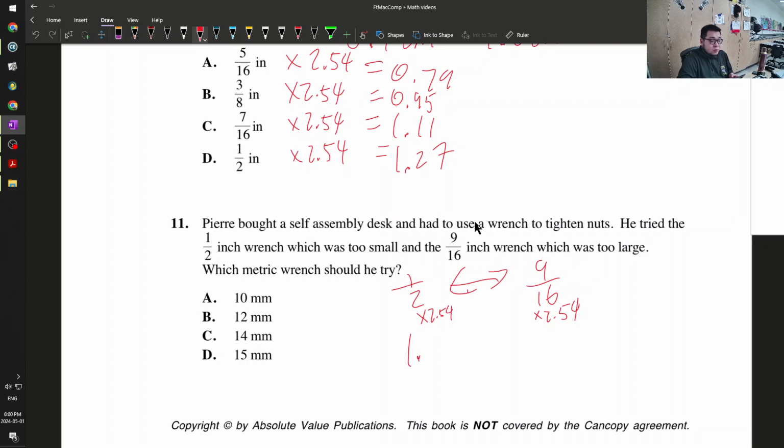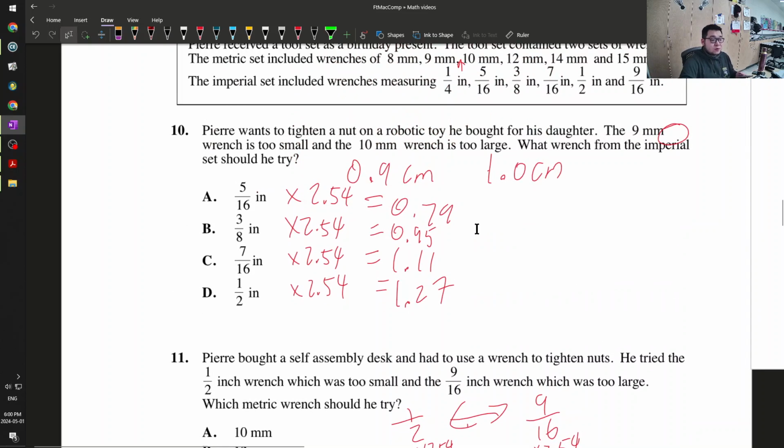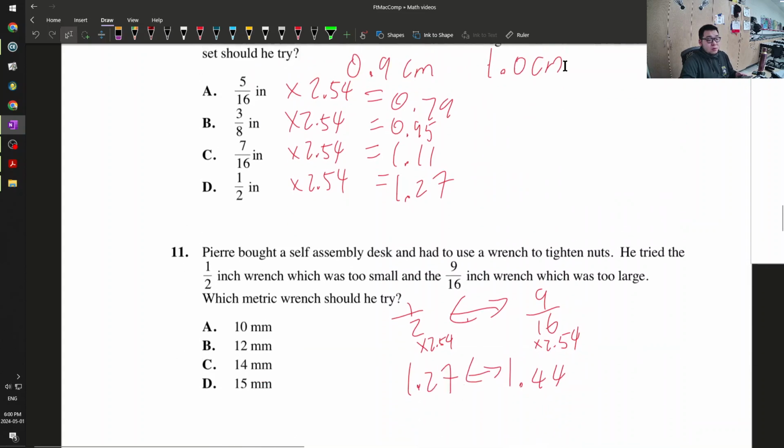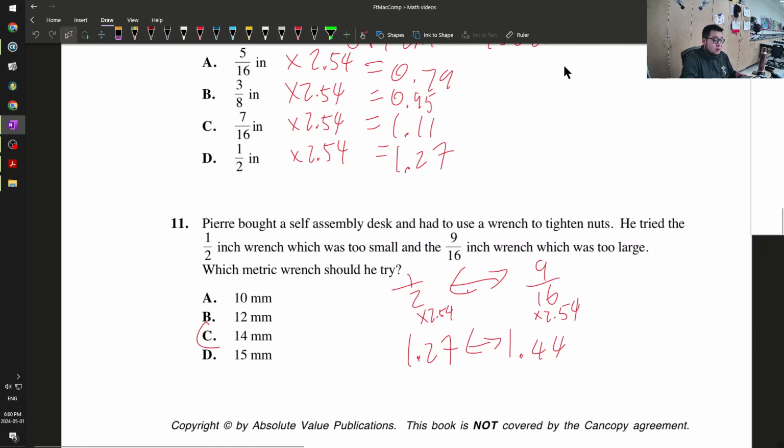I get 1.27 and for 9/16, 1.44. So which one is between 1.27 and 1.44? Which is 14 millimeter. 11 is C. Oh, the previous one is B.